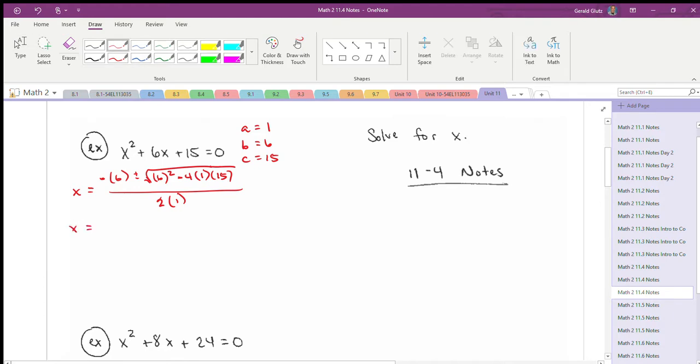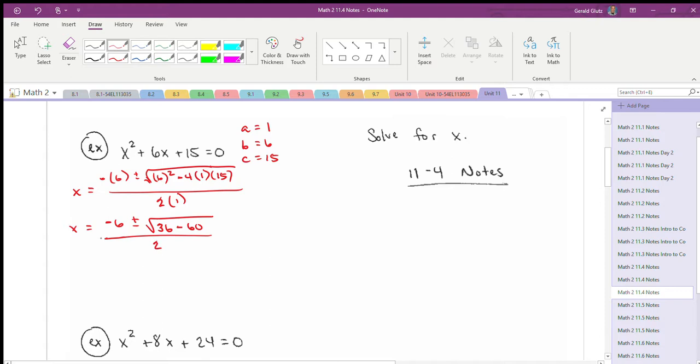So now I can start doing some of the math here. So negative 6 plus or minus the square root of 6 squared, which is, whoops, not 32. 6 squared is 36. Minus 4 times 1 is 4, and then times 15 is 60, so minus 60. And then 2 times 1 is 2.